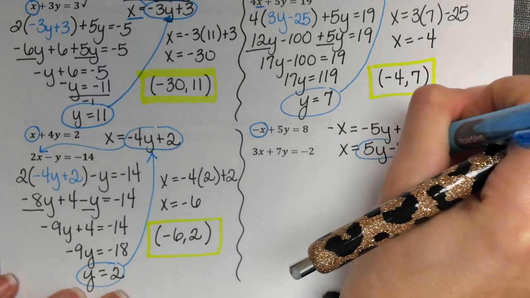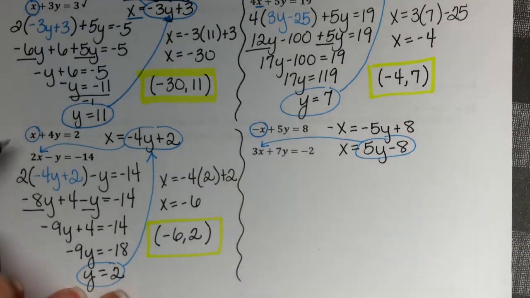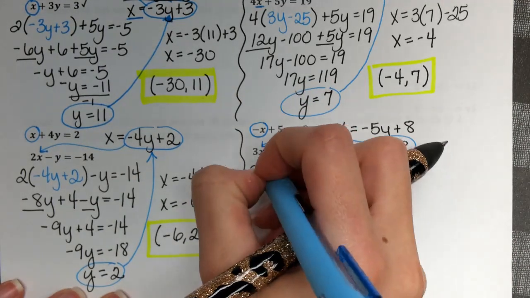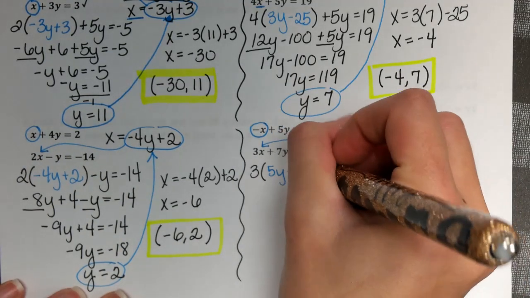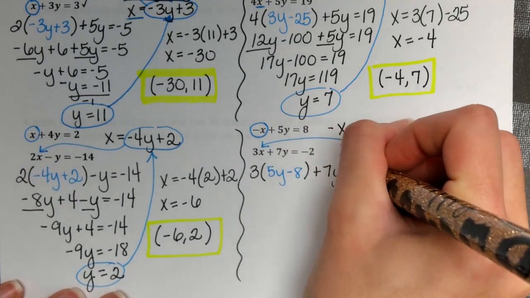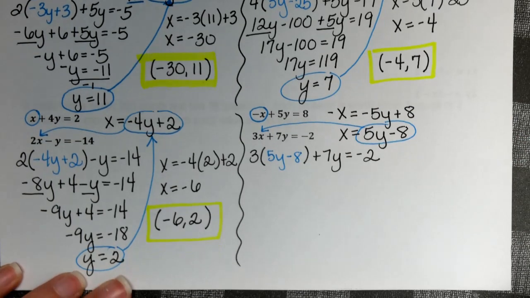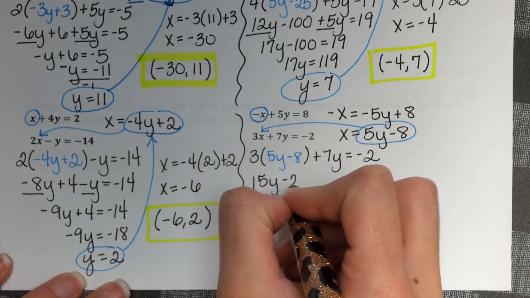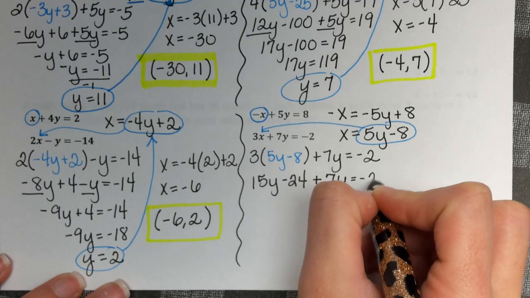So I take that 5y minus 8, plug it in for my x. So I have 3 times 5y minus 8 plus 7y equals negative 2. I'm going to go ahead and distribute, so I get 15y minus 24 plus 7y equals negative 2.